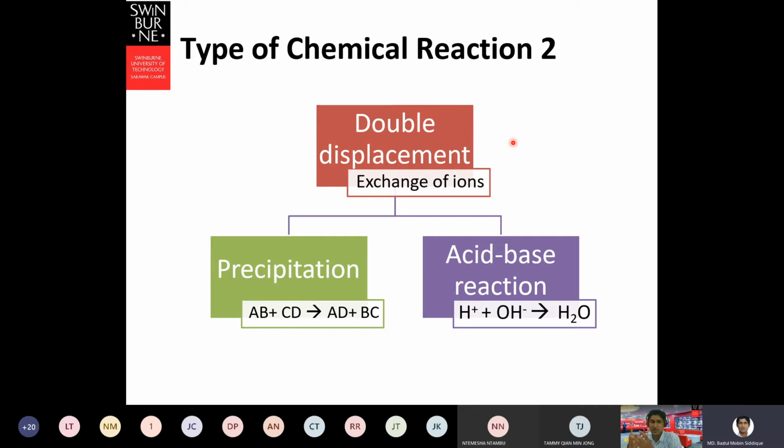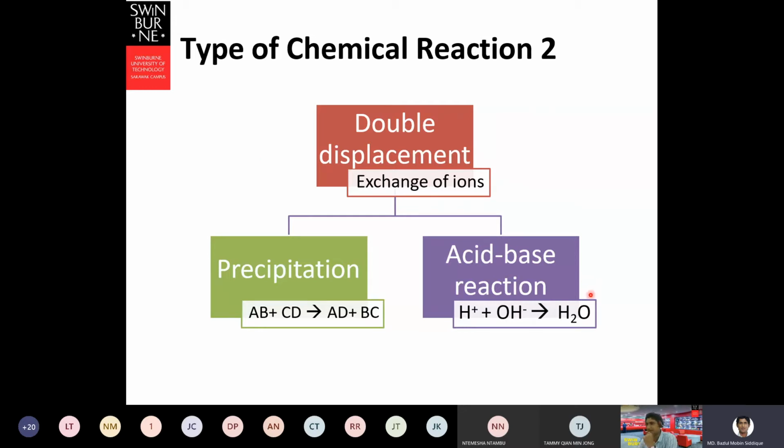In the test tube we mix 2 or 3 different chemicals, all in liquid form, and at the end we get something solid that does not dissolve in that solution. So we can filter it out and weigh it, and that is called the precipitation. This can happen in a double displacement reaction.